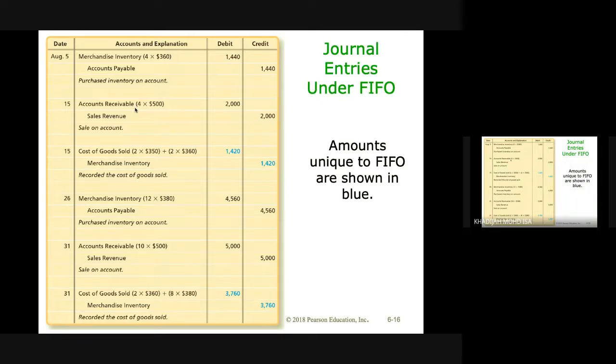The cost of the goods that you sold is 1420, and remember that when you sell the goods, you're going to credit your inventory, and when you credit your inventory, you are going to record the cost of the inventory that you sold. So that's why we record the credit to inventory 1420. So remember, inventory is always at cost, but when you make sales, that will be the selling price.